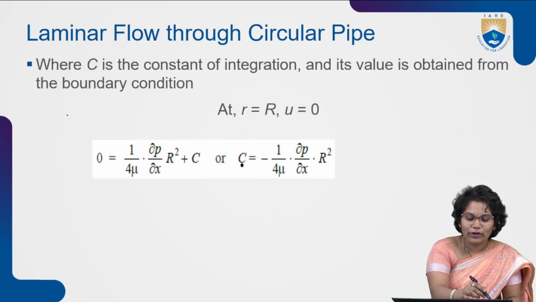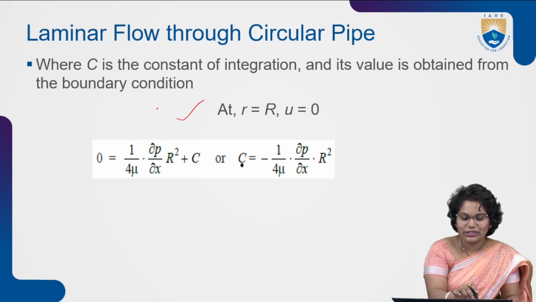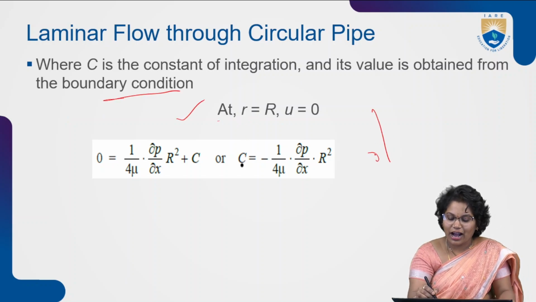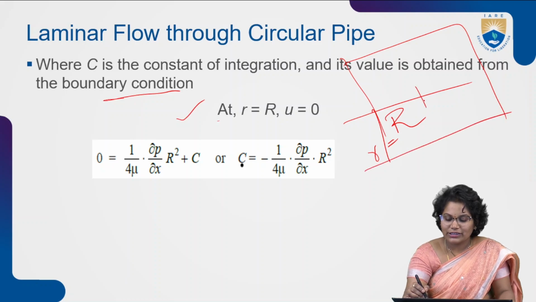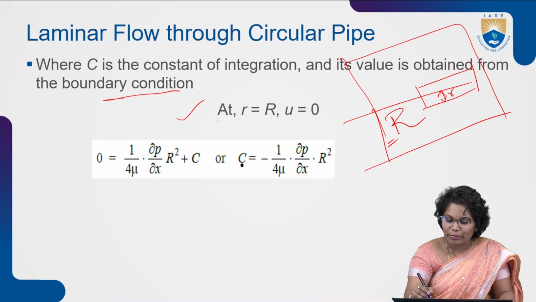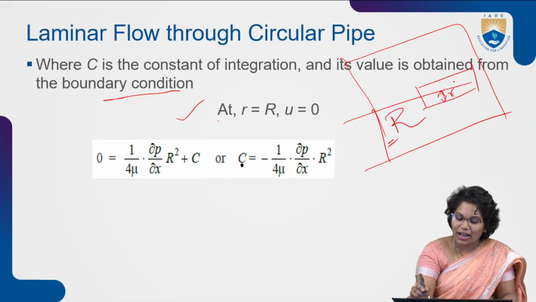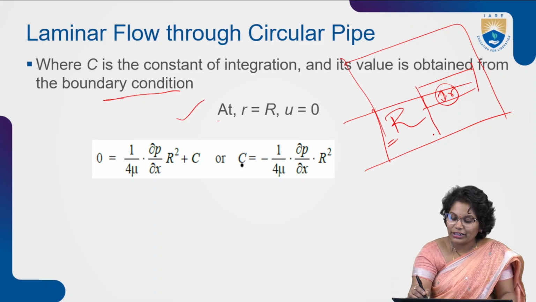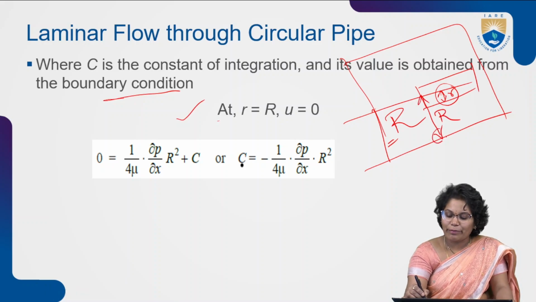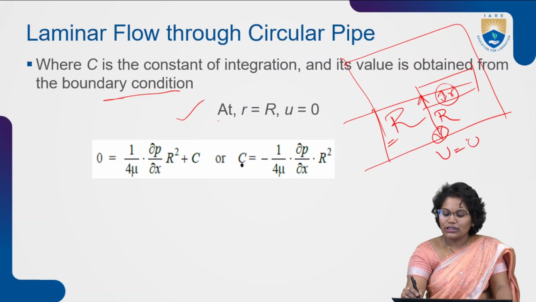After that we go with the boundary condition. What is that boundary condition? At r is equal to capital R, where small r is the small element and capital R is the complete radius. When small r becomes the complete capital R, what happens to the velocity?